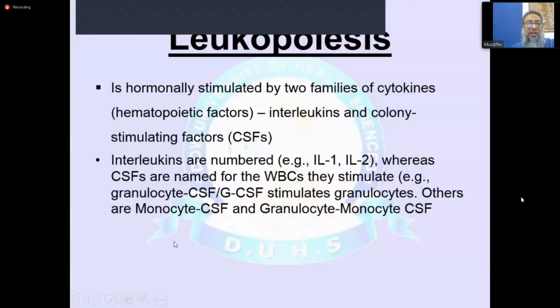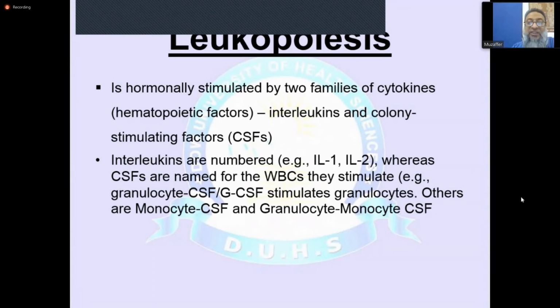Okay, and others are the monocyte colony stimulating factor, and the third type is known as granulocyte monocyte colony stimulating factor.